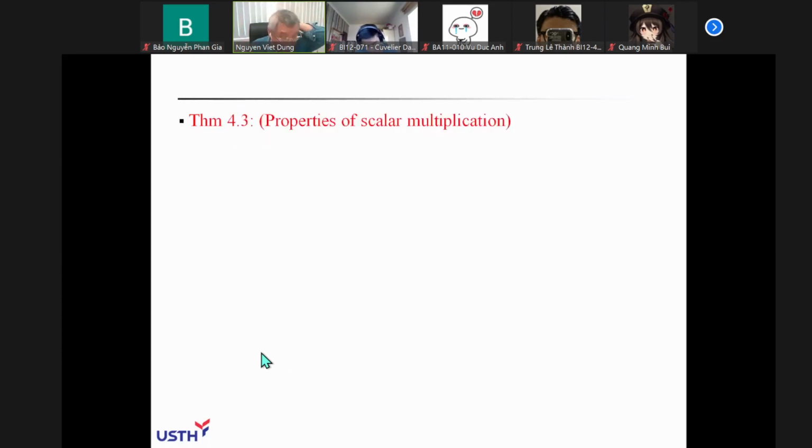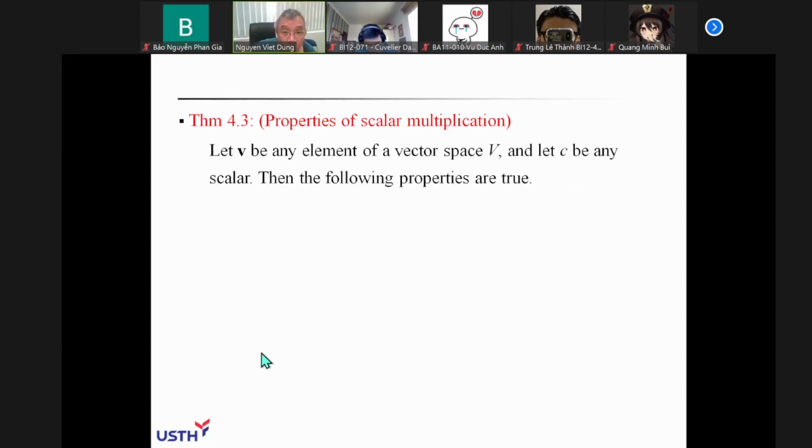Now I explain to you some properties of scalar multiplication. Suppose that V is any element of a vector space and C is any number. Then we have the following. If you take the number 0 and multiply by any vector V, you always get the zero vector.